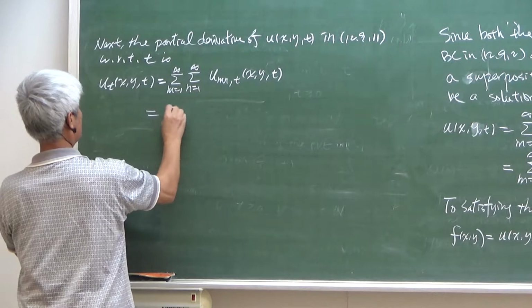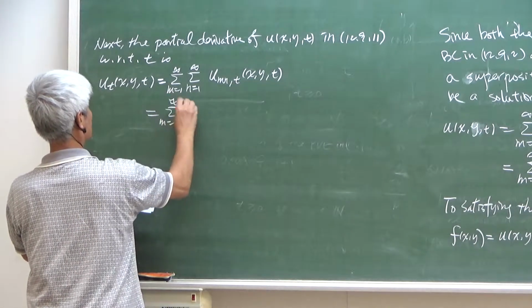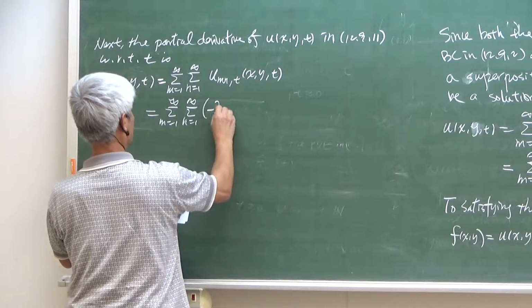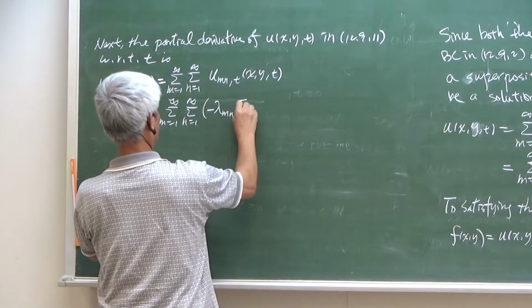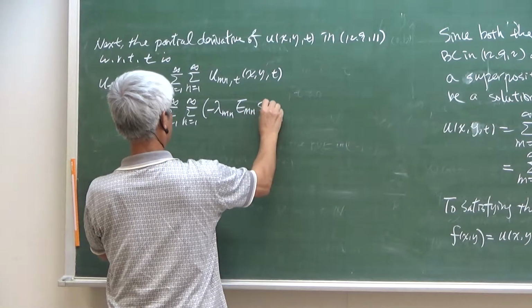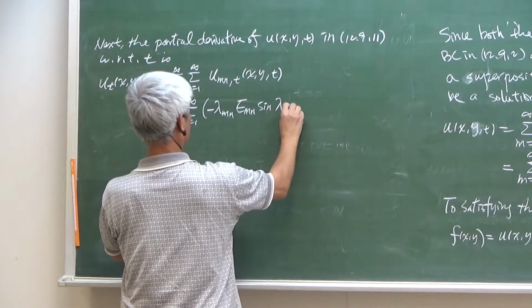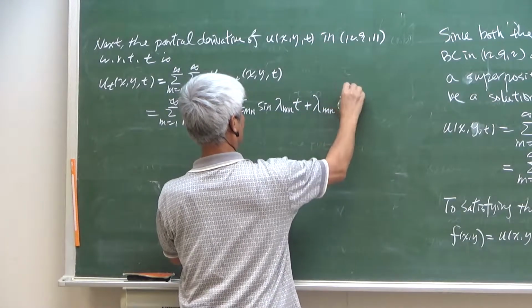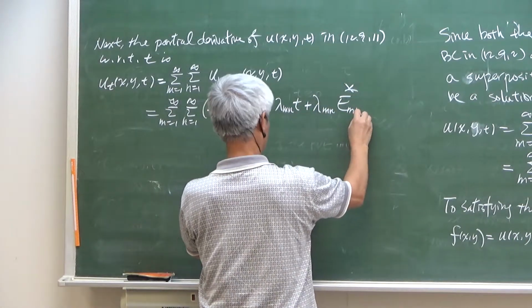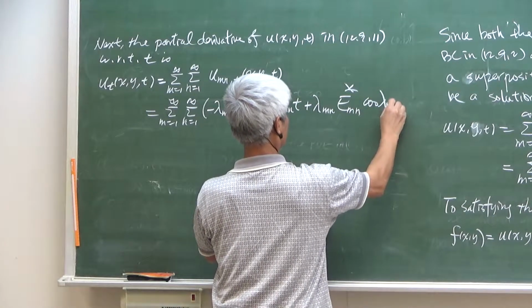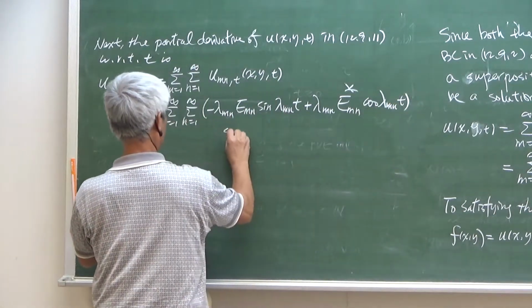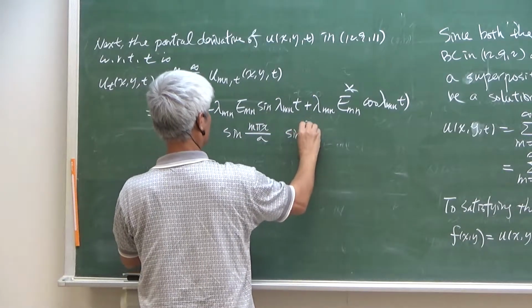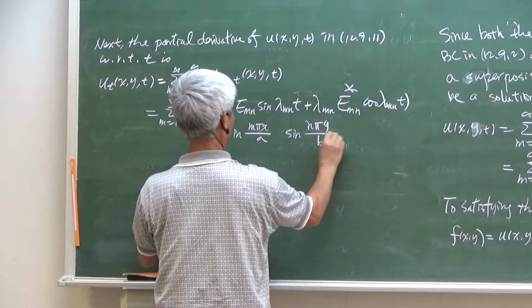This is equal to minus lambda_mn E_mn sine(lambda_mn t) plus lambda_mn E star_mn cosine(lambda_mn t), times sine(m pi x / a) sine(n pi y / b).